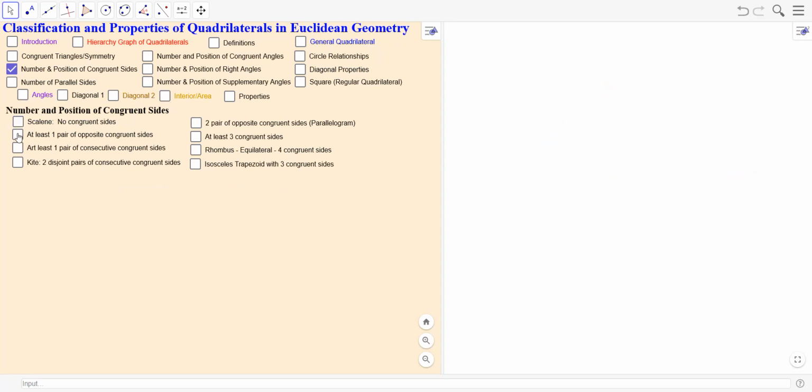Next, we can look at at least one pair of congruent sides. It makes a difference whether those sides are opposite each other or consecutive, so we're going to have two cases here. Here's one where we have a pair of opposite sides congruent. Some basic figures have this characteristic, like rectangles. In fact, all parallelograms have opposite sides congruent, and isosceles trapezoids as well.